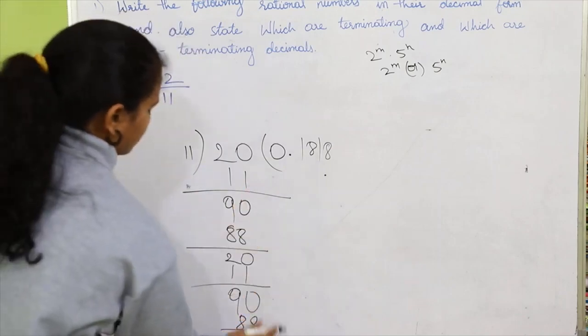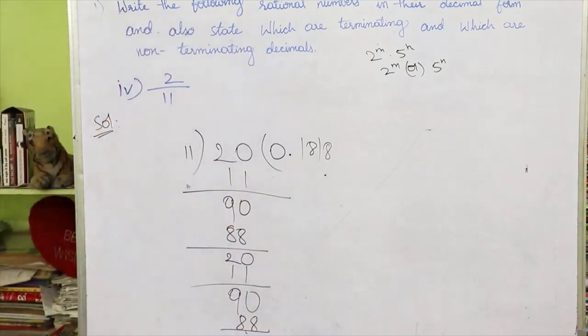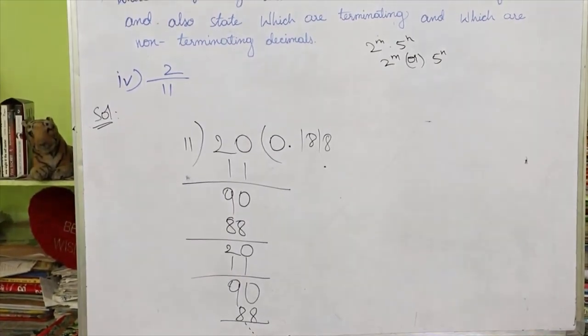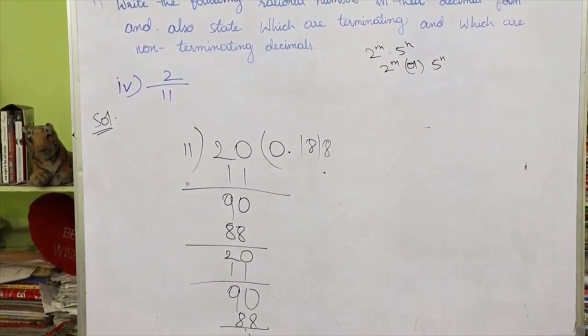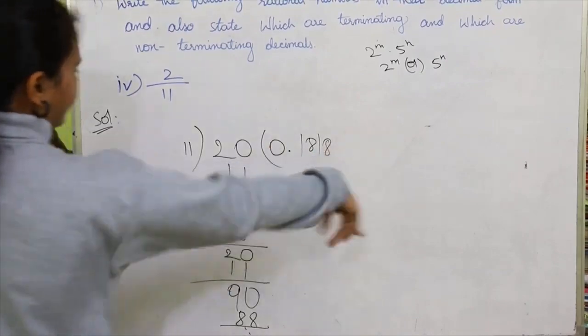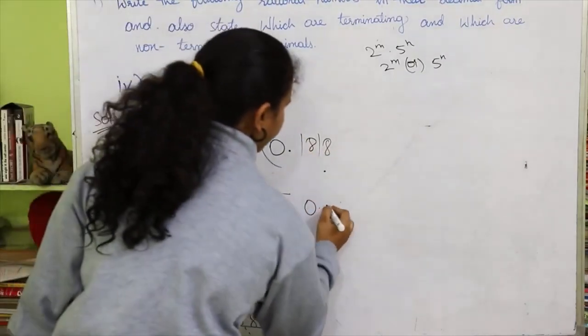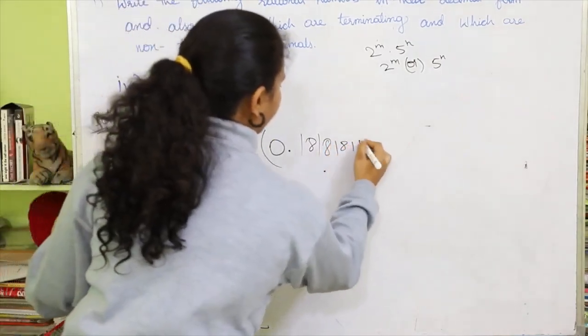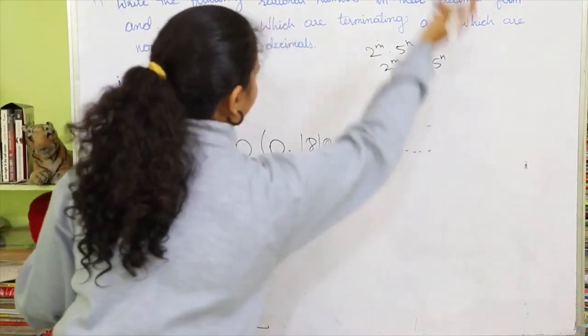The process goes on. Is it clear? It goes on like 1 8 1 8, like that. So the answer would be 1 8 1 8 1 8 and so on.